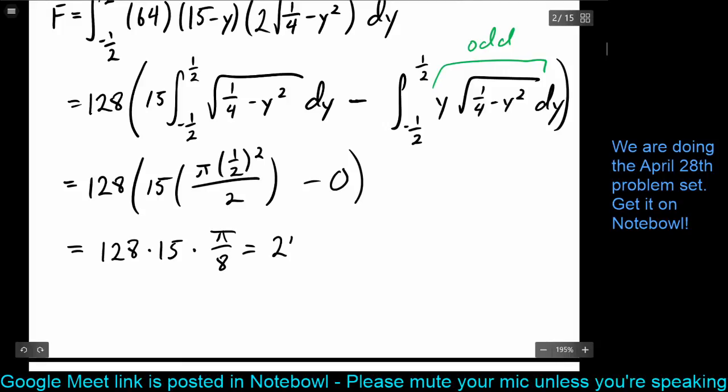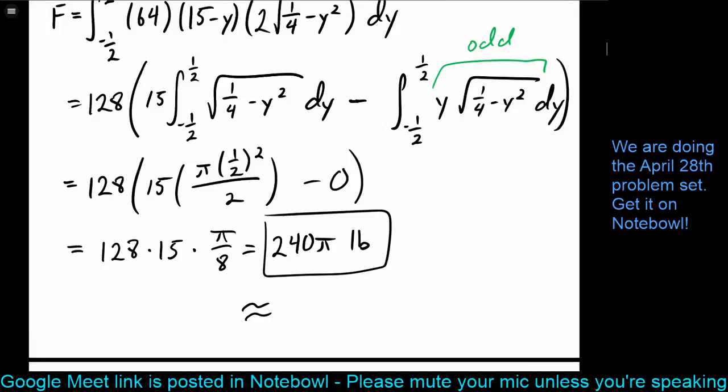So this is going to be simply 240 pi pounds of force. That's approximately, let's see, where's my pi key? There it is. This is approximately 753, let's just say 754 pounds of force.